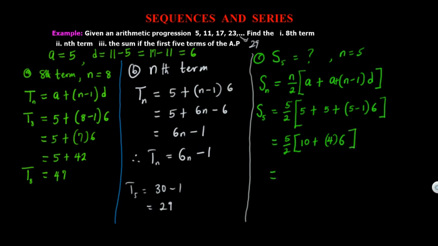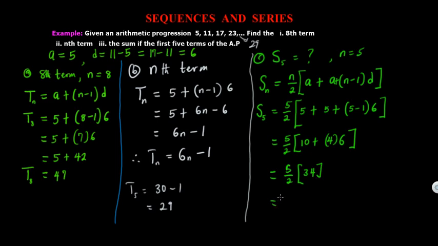And if we solve all this together, we can say this is 5 divided by 2. The problem of this, 10 plus 4 times 6, that's 24, plus 10, that's 34. So what can we get from here?